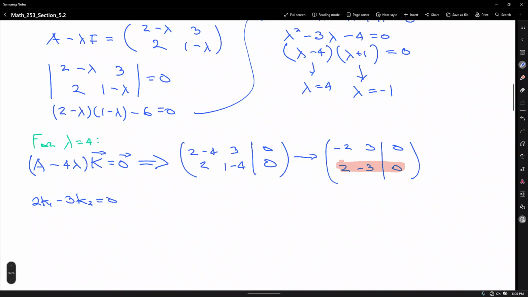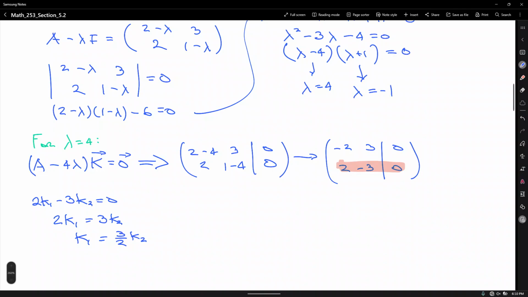In this case, we will have to solve for any. I'm going to solve for K1. So 2K1 equals 3K2. That means K1 equals 3 halves K2.